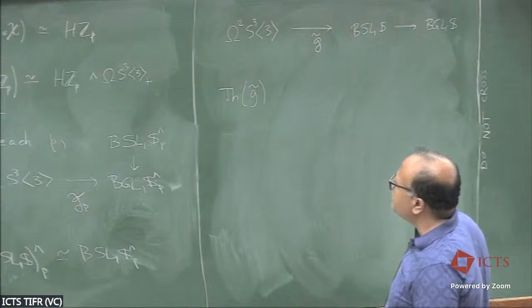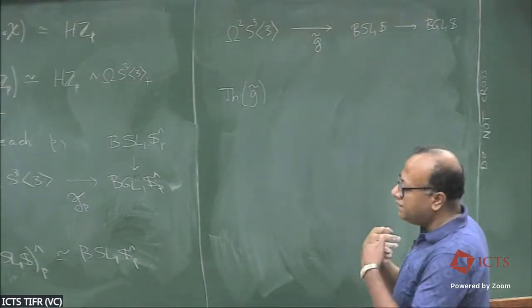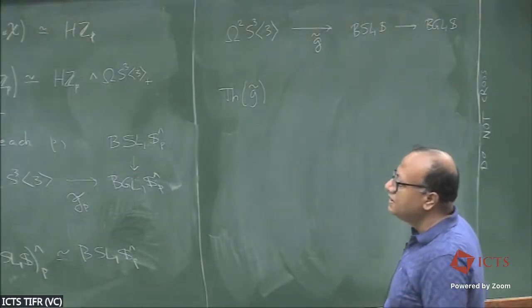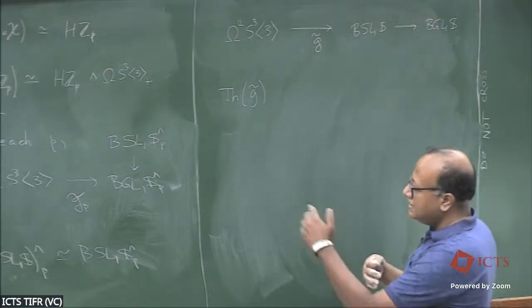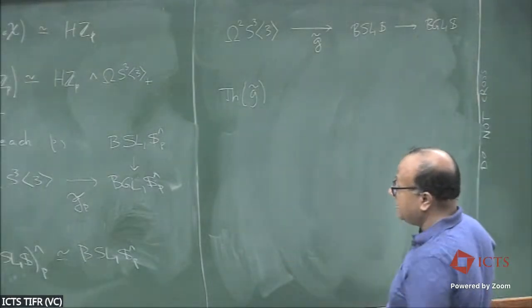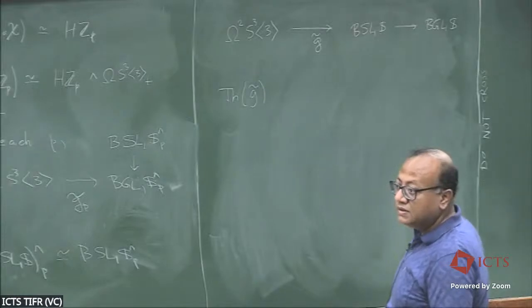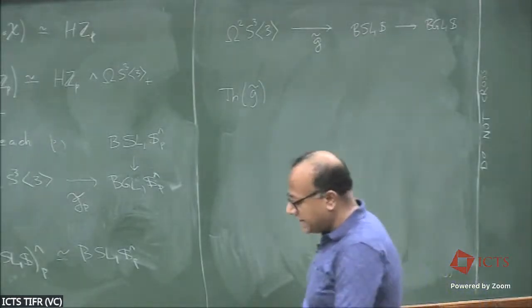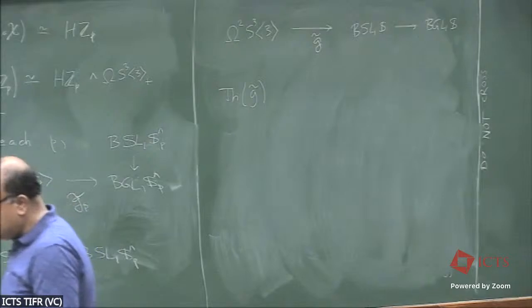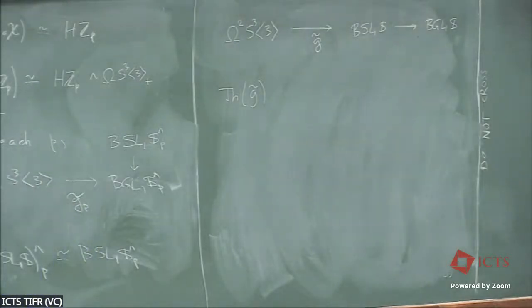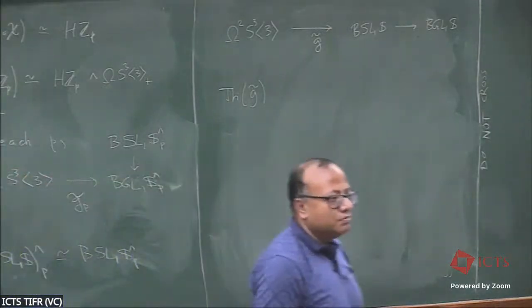Now you go all the way to BGL1 S and you take the Thom spectrum of G tilde, and whatever this Thom spectrum is, you know that after any P completion, you get the Eilenberg-MacLane spectrum HZP. Not only that, you can calculate that pi 0 is Z. So you have this map from the Thom spectrum to HZ, which is an equivalence after taking every P completion.